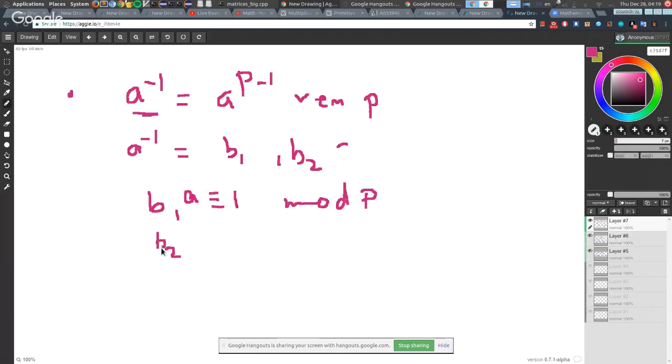We also have B2 times a is congruent to 1 mod p. So we have that B1 times a is congruent to B2 times a mod p.